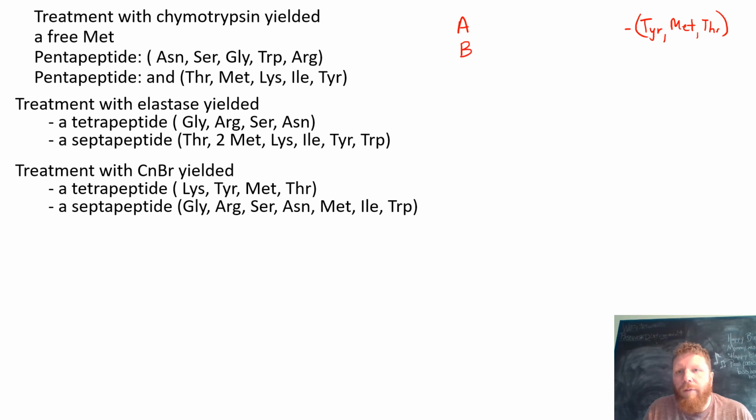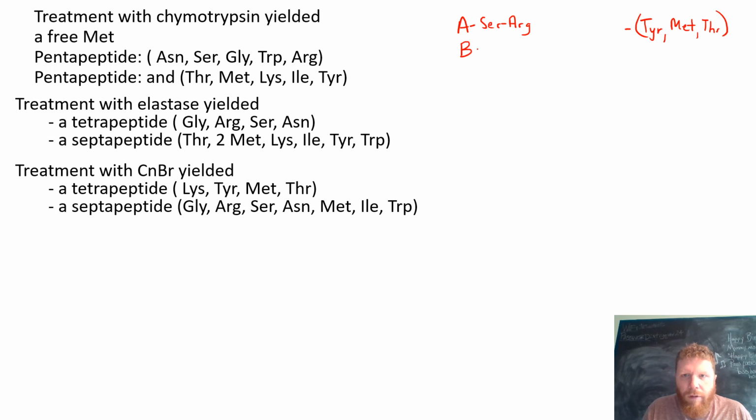Then we have A or B, and our A peptide, that is our SER. Actually, let me change the SER-ARG, because we know we have that positively charged residue at the end.